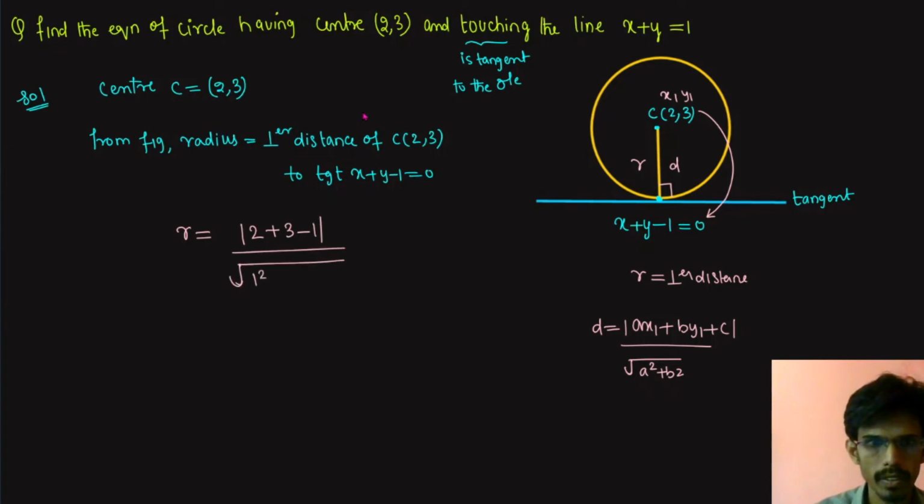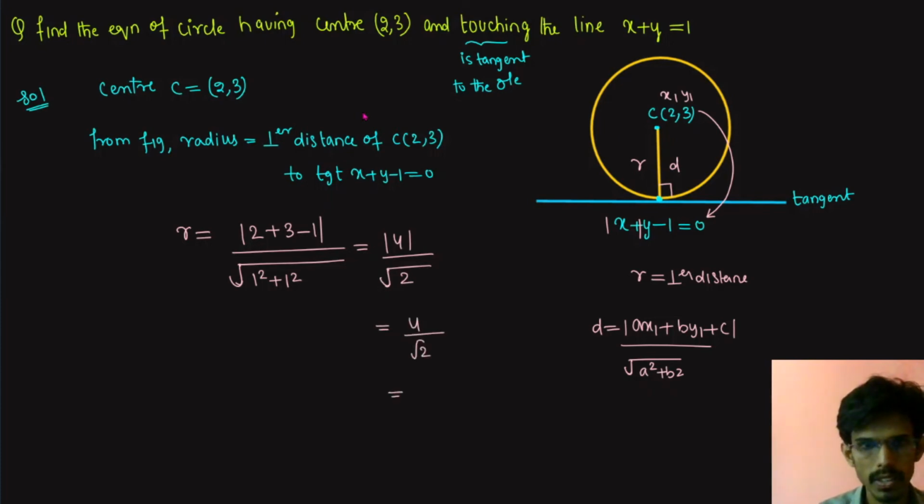A is 1 here, a is the coefficient of x, b is the coefficient of y, so 1 square plus 1 square. So this will be 3 plus 2 is 5, 5 minus 1 is 4, so mod 4 by root 2, mod 4 value is 4 only, 4 by root 2.